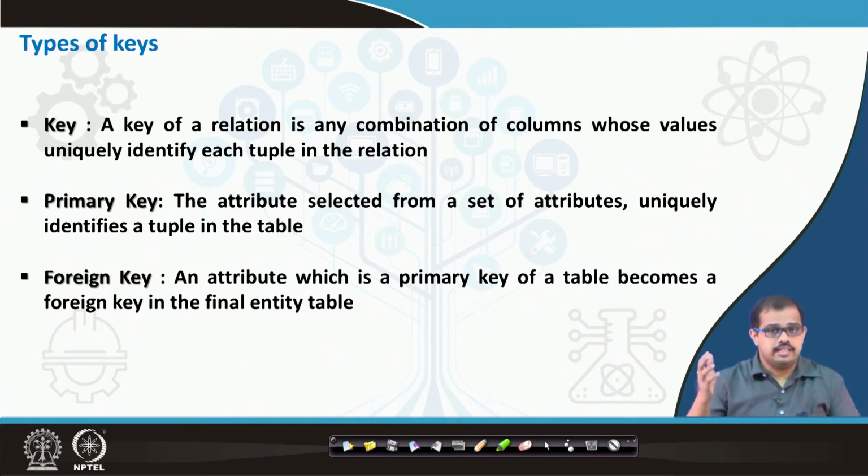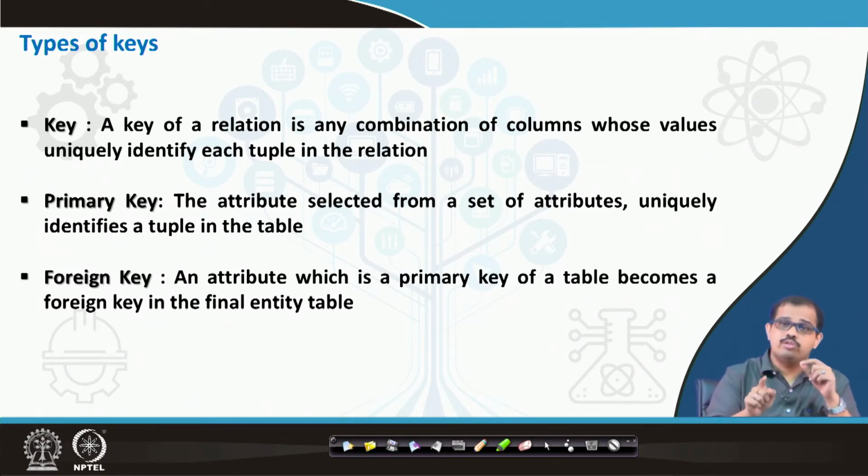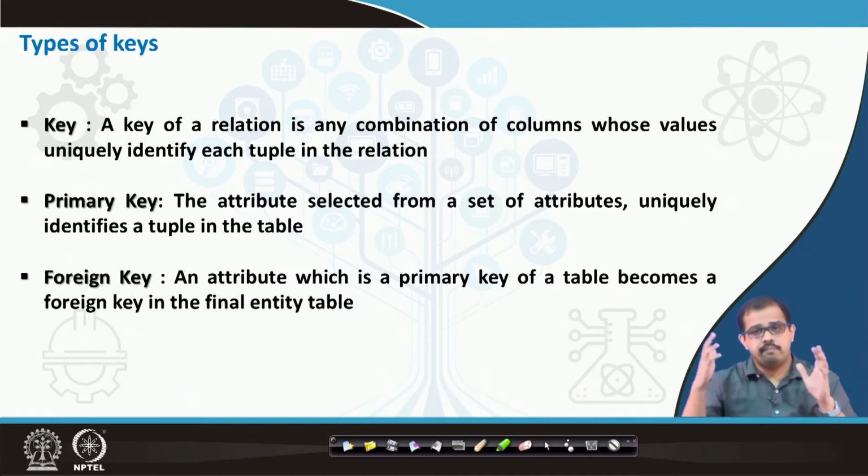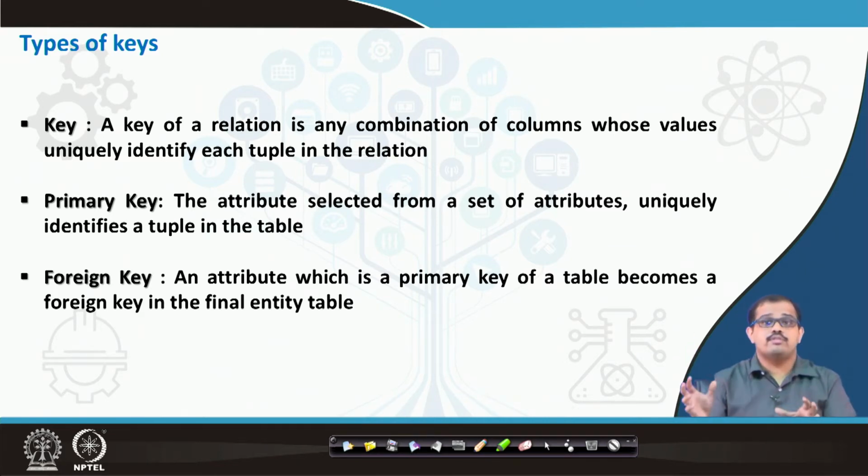So a key is any combination of columns whose values are uniquely identified. These uniquely identified values are in the form of rows, called tuples, and these tuples form a primary key. When a primary key is defining a number of entities in different tables and connecting different tables, it becomes a foreign key for certain tables.